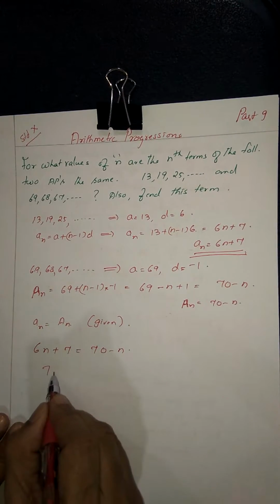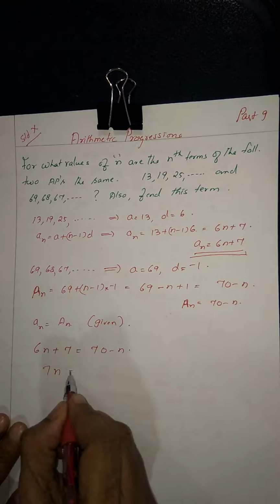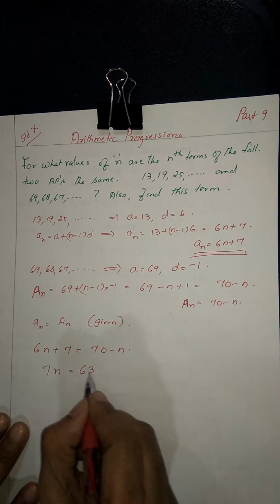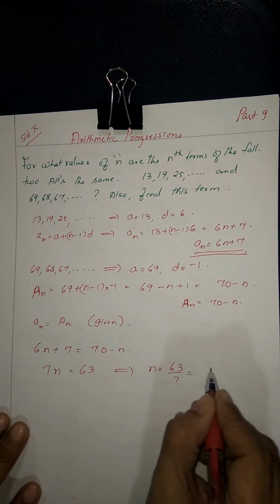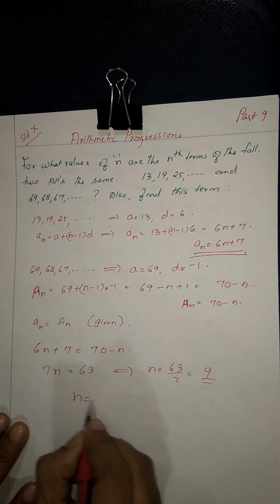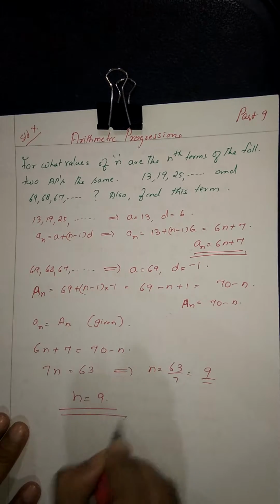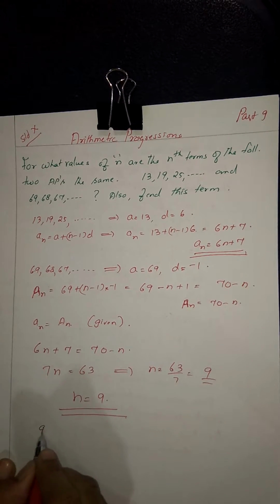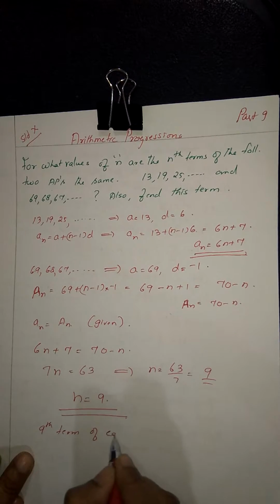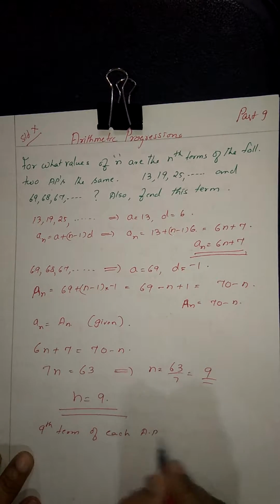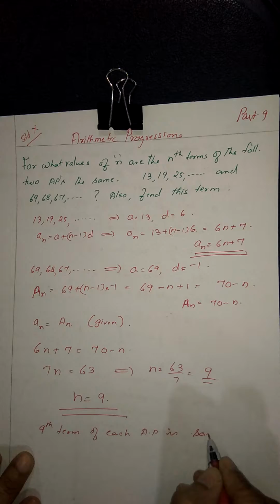Then this becomes 7n is equal to 70 minus 7, which is 63. So n is equal to 63 by 7, 9. So n is equal to 9. That is, the nth term of each AP is same.